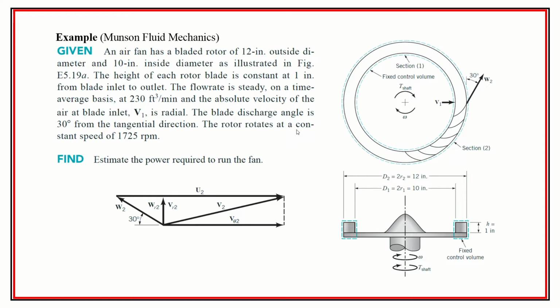The rotor rotates at a constant 1725 RPM, and we want to estimate the power required to run the fan. These are real world numbers, because that 1725 is an interesting thing. We have 60 cycle electricity in the United States, so the number of poles in your motor will contribute so that it'll be divisible by 60.